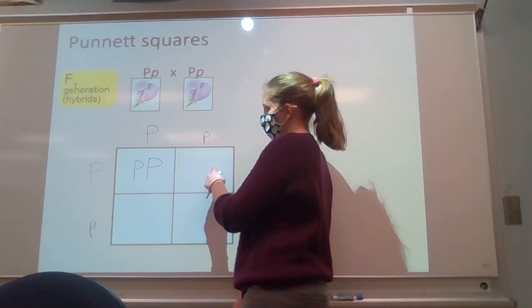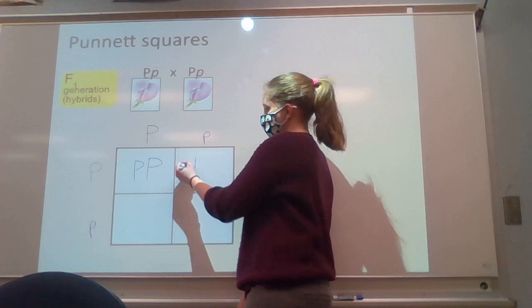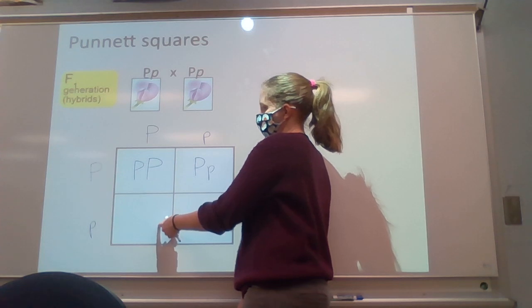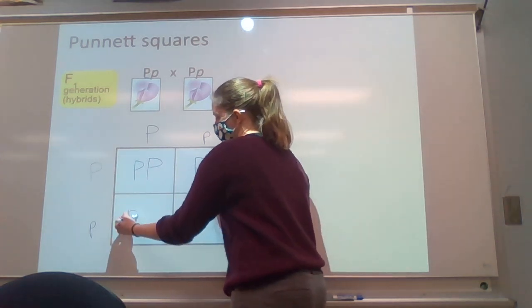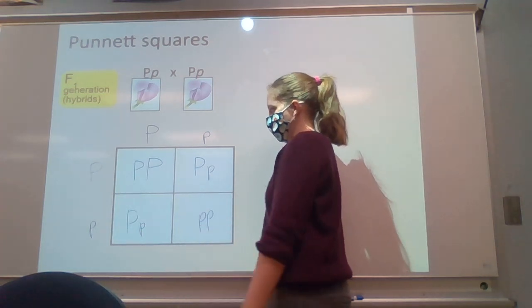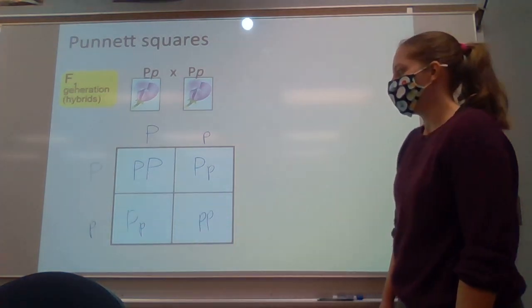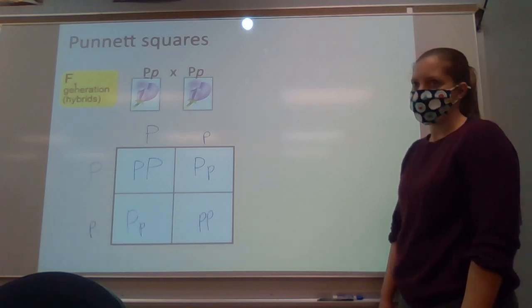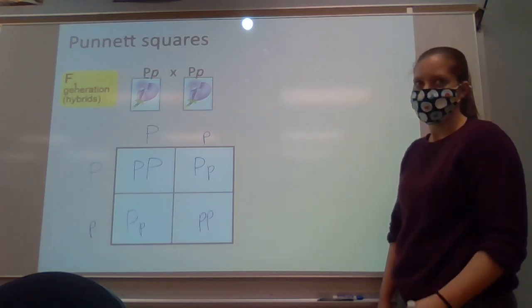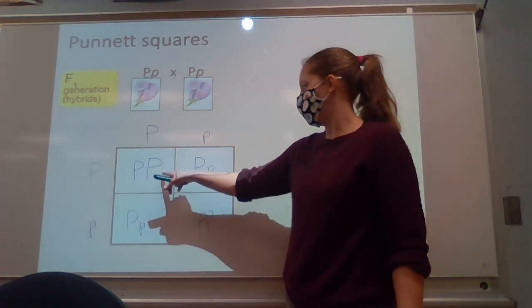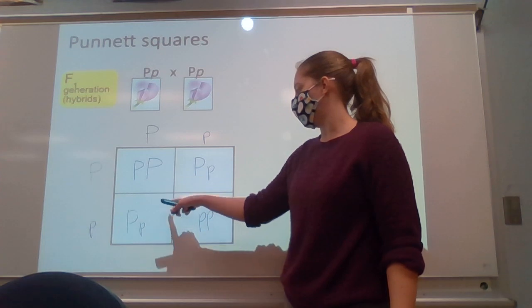This box is going to be heterozygous, this box is going to be heterozygous, and this box is going to be homozygous recessive. Okay. So we have how many different genotypes there? 1, 2, 3, right? This genotype is different from this genotype, which is different from this.